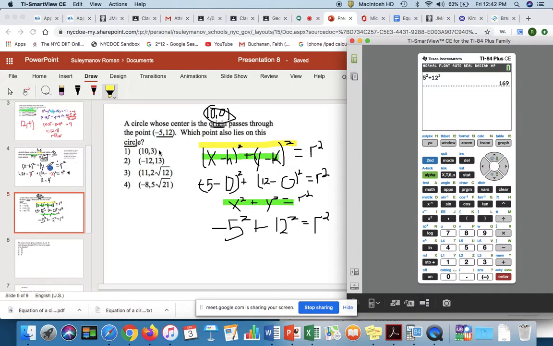So we're going to substitute and check, using x squared plus y squared, because subtracting 0 from something is the same as keeping it the same. If I do the first one, 10 squared plus 3 squared, I'm going to see that is not the answer. So that one's wrong.